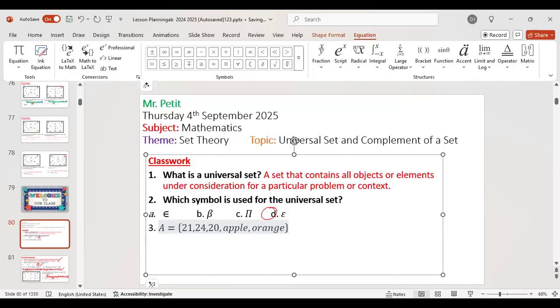That's that set. We have the set B, which is mango, peach, 21, 73, and 98.